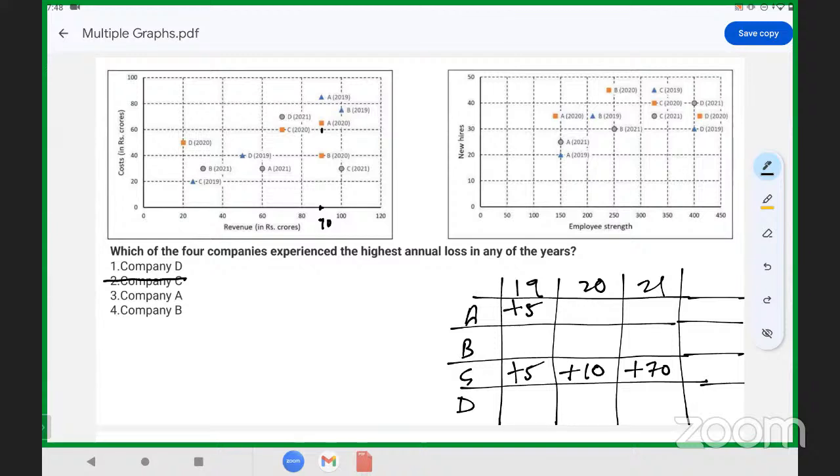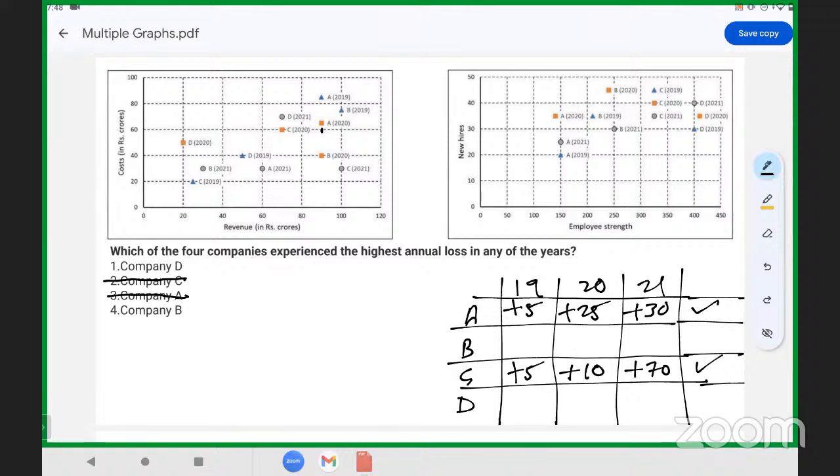So 90 crores in revenue and 65 crores in cost, which means they are again positive, that is 25. For 2021, A in 2021 is over here, 60 crores in revenue and 30 crores cost, which means again this is profitable. So these companies are not incurring any losses. So A will also get cancelled out.